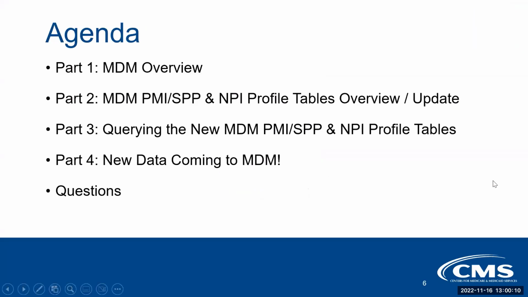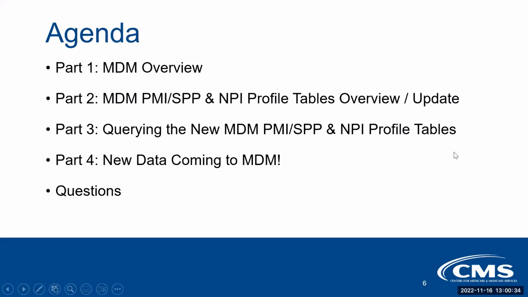For today's agenda, we're going to walk you quickly through an overview of MDM. We presented at last year's data camp, but this year we're going to provide you with updates to our two data products, our MDM Provider Master Index and Share Provider Profile. We also have another data product called our MPI Profile Table.